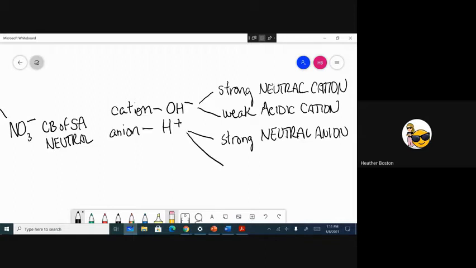If it is weak, then it's a basic anion. Remember, the level of acidity comes from the ability to donate protons. The level of basicity for the anion has to do with its ability to accept protons.